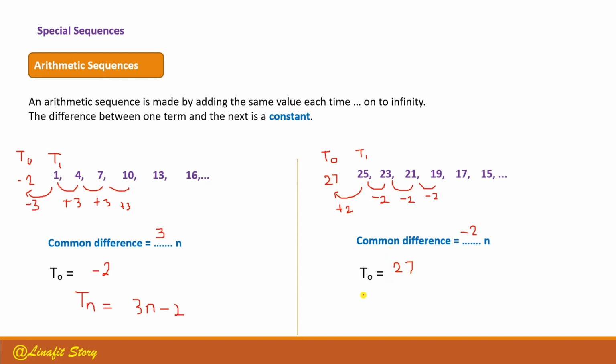To get the general term, we join the common difference with the zero term. So Cn is equal to negative 2n plus 27. Or you can write it as Cn is equal to 27 minus 2n.